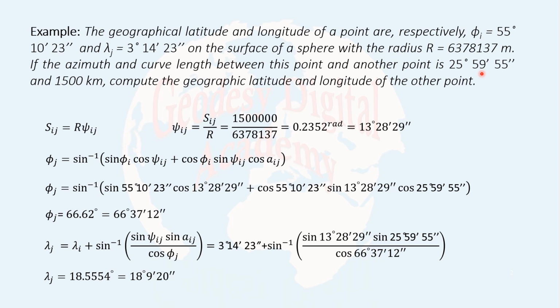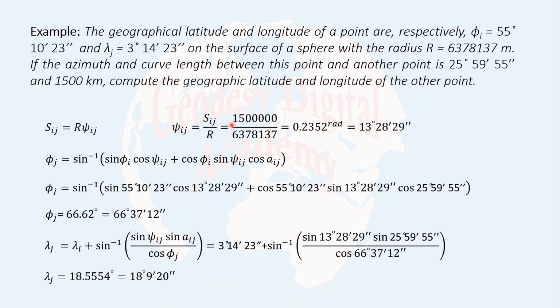Since we have the curve length, we have to change it to the spherical geocentric distance. And we know the mathematical relation between the spherical distance, or the curve length, and the geocentric angle in front of that curve is this. So I simply solve this equation for psi, or the geocentric angle between the points, and you will get this.